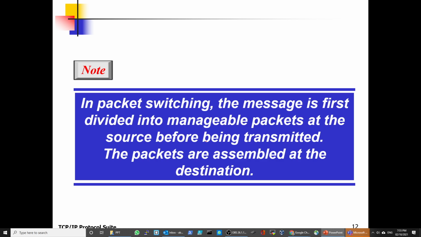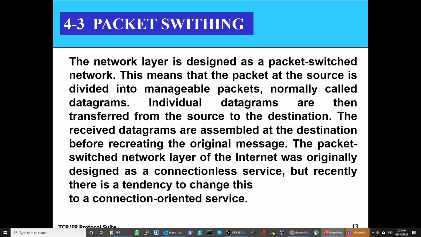If we are using circuit switching, we'll have a bus and all of us will go with one bus to that location. If we are using packet switching, everybody will use their own car and will meet at that restaurant in Greenwich Village. That's exactly what will happen.